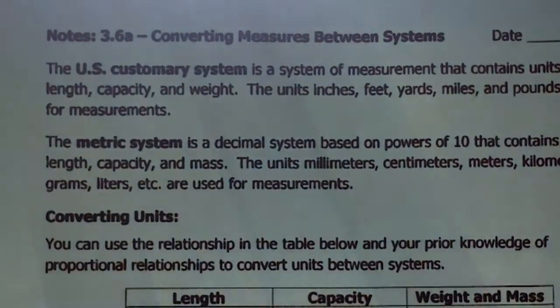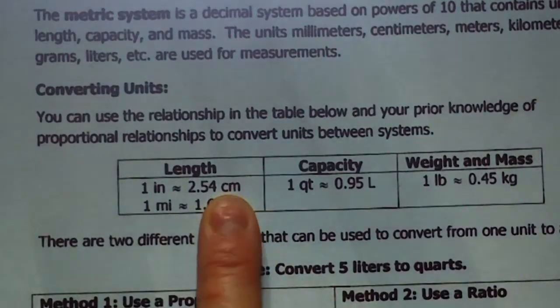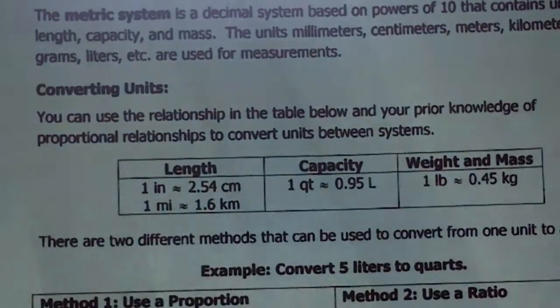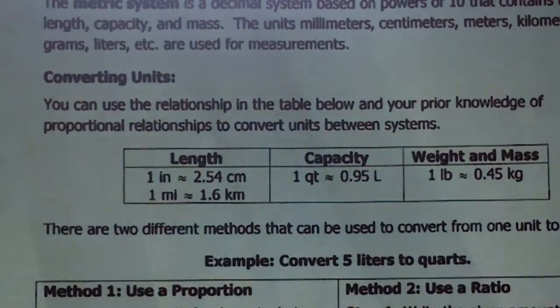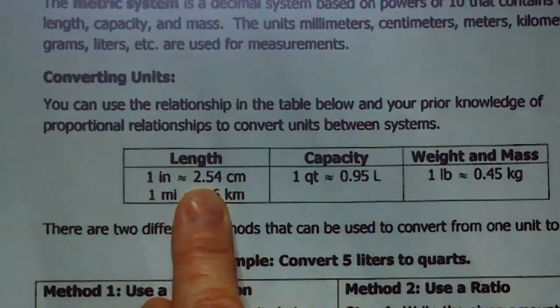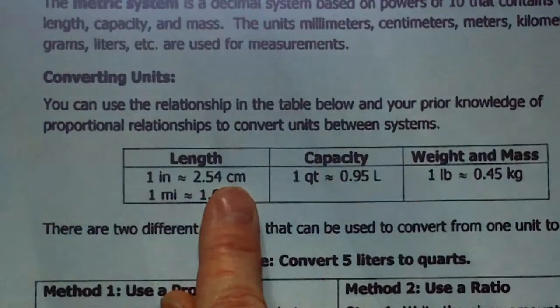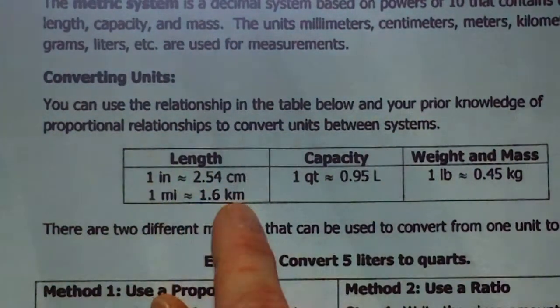So we're going to learn how to go from one to the other because not everyone uses the same. If you went to Canada, they wouldn't be using the U.S. Customary system. I give you a few equivalences to help you. Those squiggly equal signs mean it's not exactly, but almost. 1 inch is about 2.54 centimeters. 1 mile is about 1.6 kilometers.